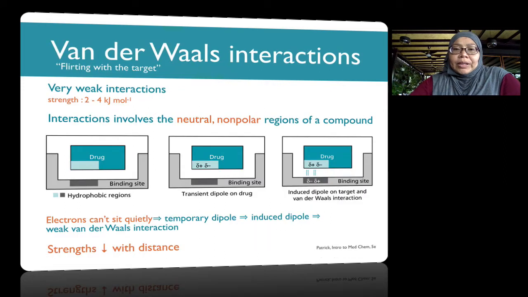So coming back to the question, yes, the carbonyl group can have both dipole-dipole interaction and also hydrogen bonding. Which one will predominate?